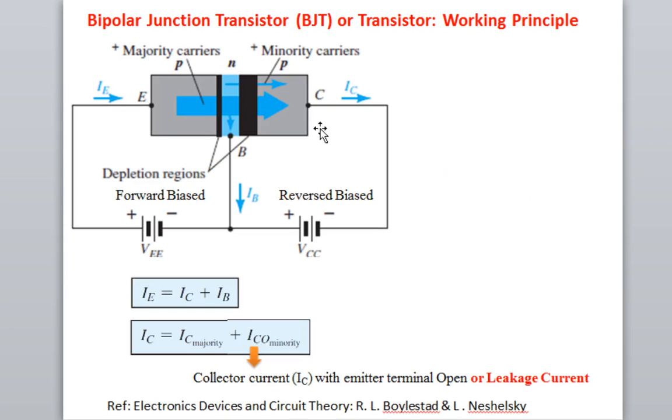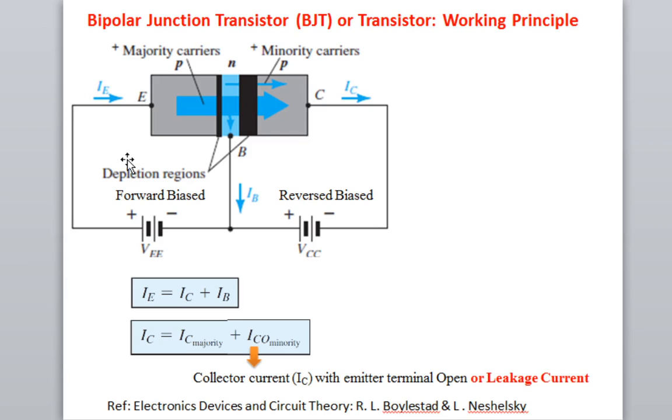If you see the direction of current, it should flow from left to right; in a PNP transistor, it should move from the emitter to the collector region. The current flowing through the collector is known as the collector current, the current flowing through the base is known as the base current, and the current flowing through the emitter is known as the emitter current.